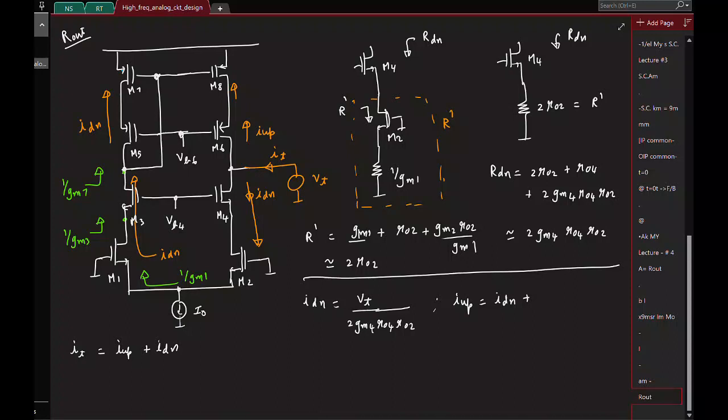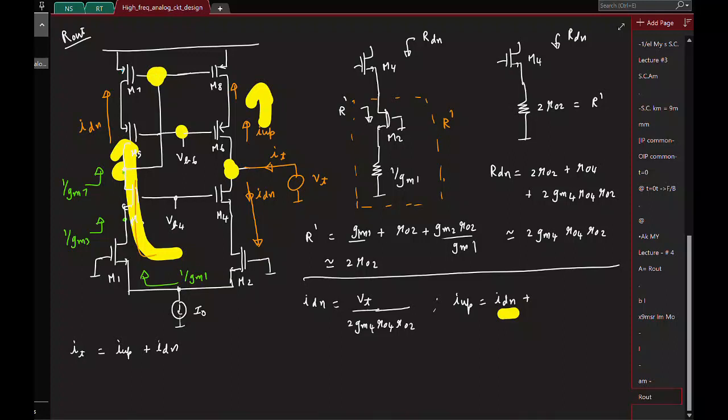This is the same thing as we saw. The current I up here will be due to the gate to source voltage and the drain to source voltage. Now this current I down is flowing, generating a gate voltage here, and the contribution due to the gate voltage we have added. The only thing pending is the contribution due to the drain voltage, and the drain voltage is basically V test. So whatever impedance the drain sees, that's what it is.